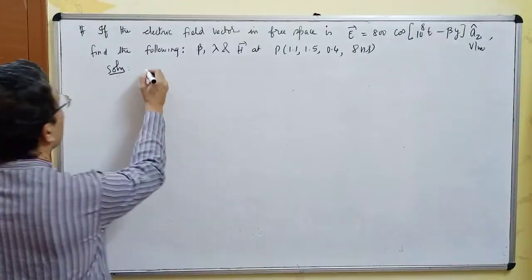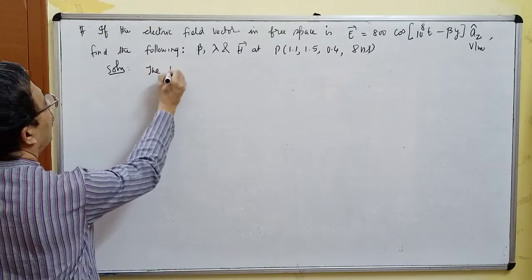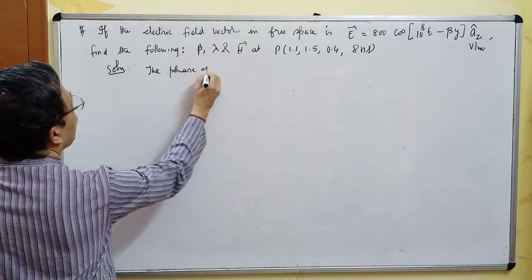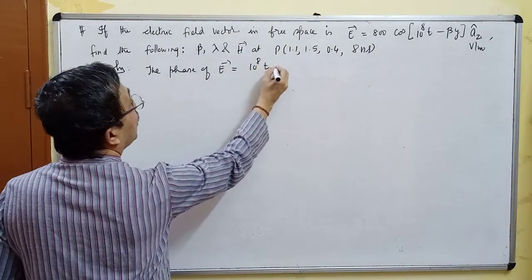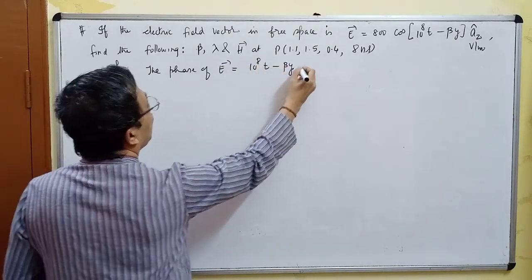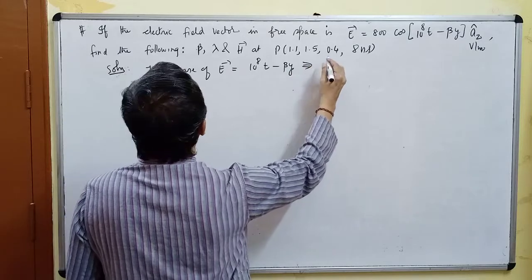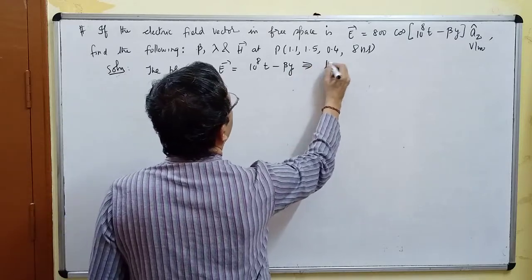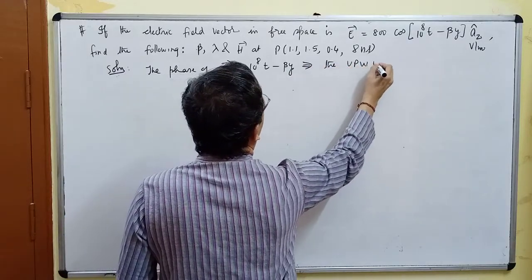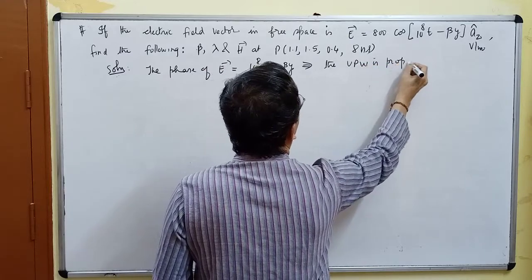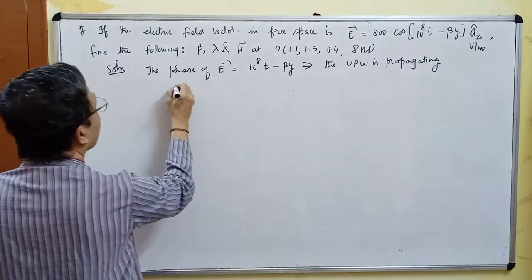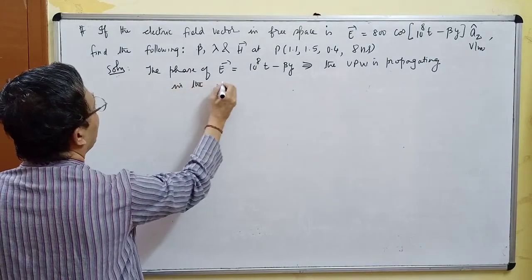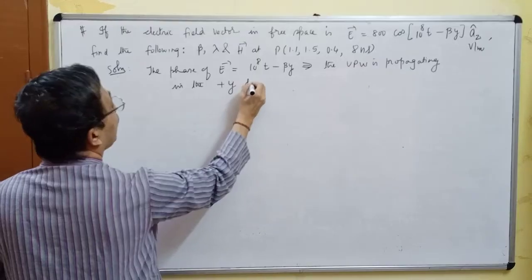Note the phase of vector E is 10 to the power 8 into t minus beta into y, which implies that the uniform plane wave is propagating in the positive y direction.